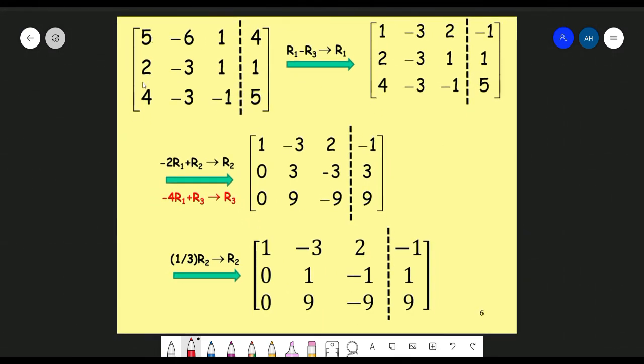So 5 minus 4 is 1, therefore we have 1 here. That's what we are looking for. Negative 6 minus negative 3, so negative 6 plus 3 becomes negative 3. We have negative 3 as our second number in row number 1. Now, 1 minus negative 1 becomes 1 plus 1.